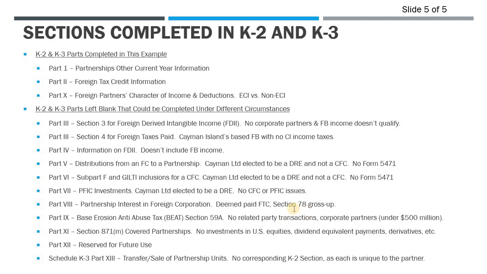Part of it is what's called the Section 78 gross up. So you're allowed to gross up the amount of your subpart F income because you're going to take a foreign tax credit for what was paid at the foreign corporate level.